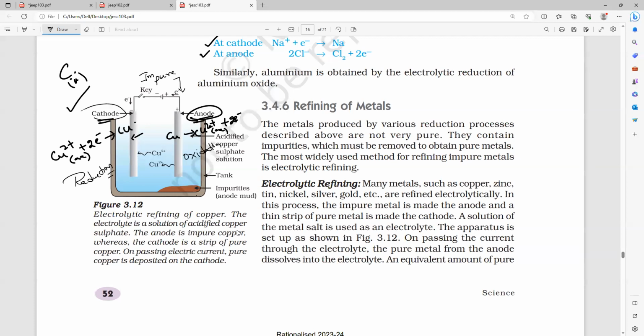Understanding? Pure metal we take as the cathode. So where is the pure metal obtained, at the cathode or anode? Cathode. Please make sure you are very clear on that.